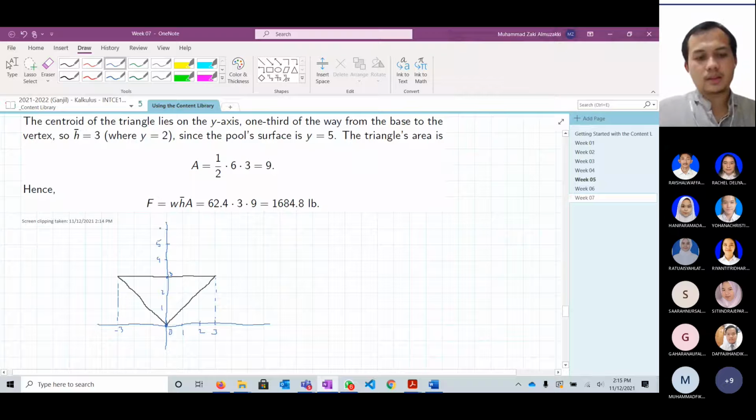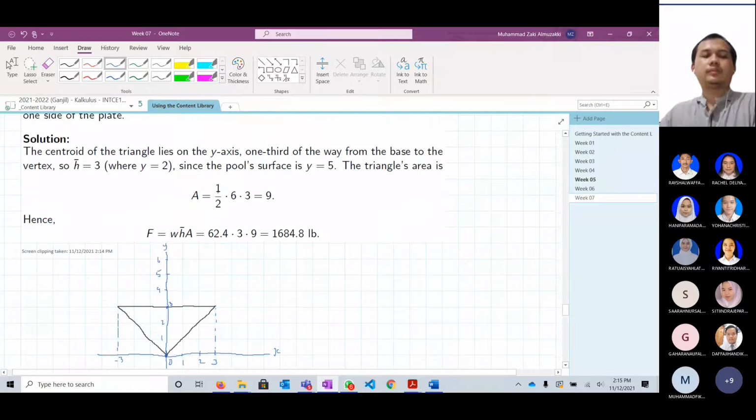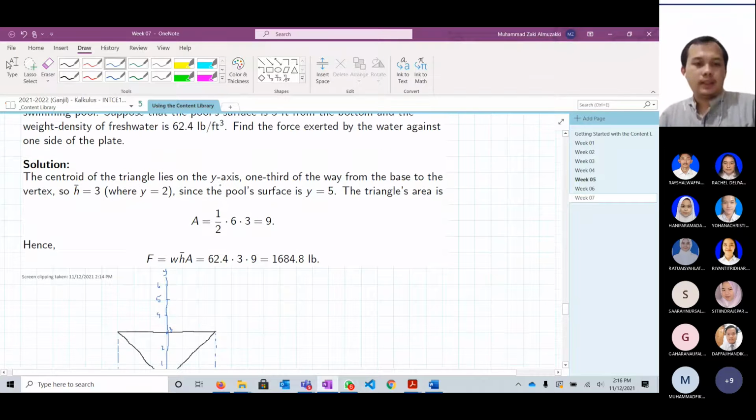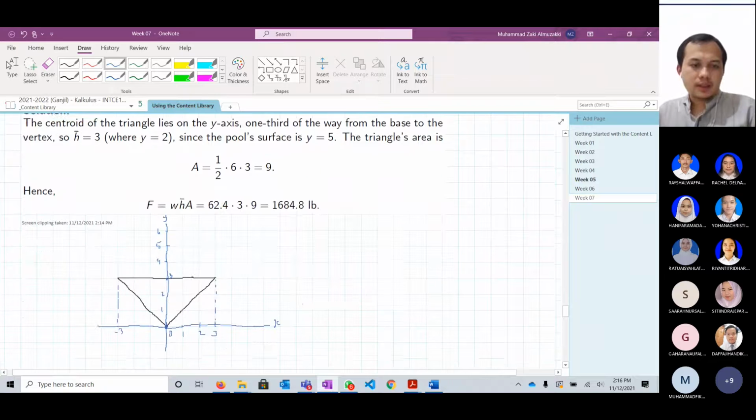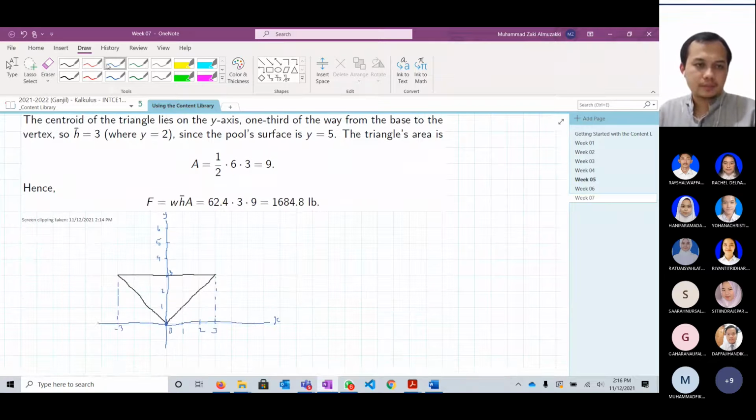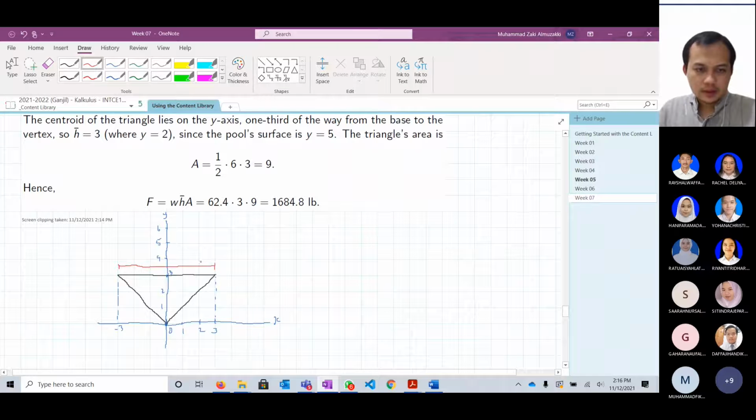This is X, this is Y. And then, okay, the base is 6 feet. We have that the base here is 6 feet, and the height is 3 feet.